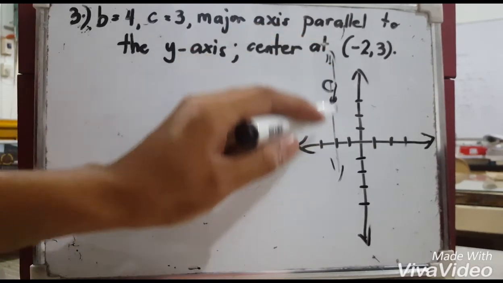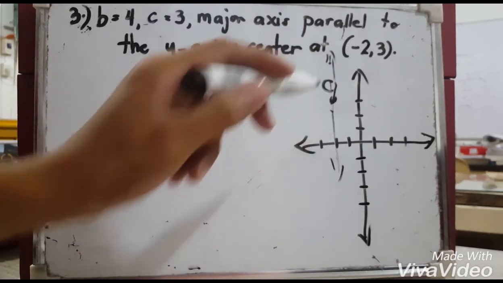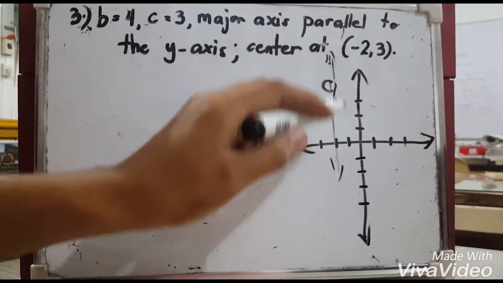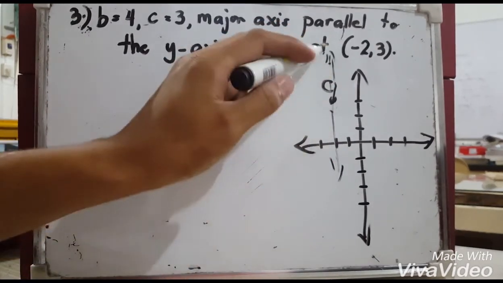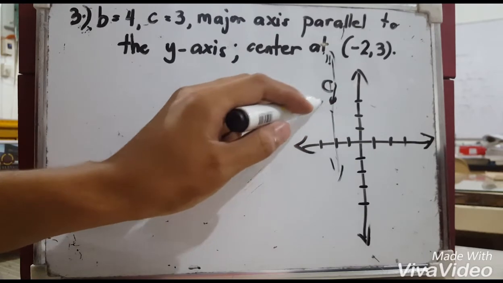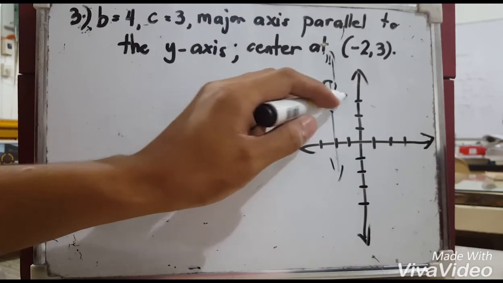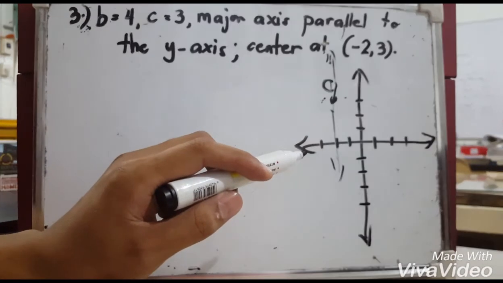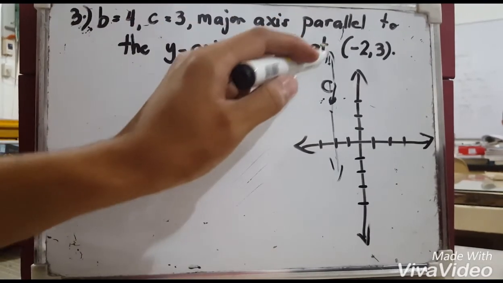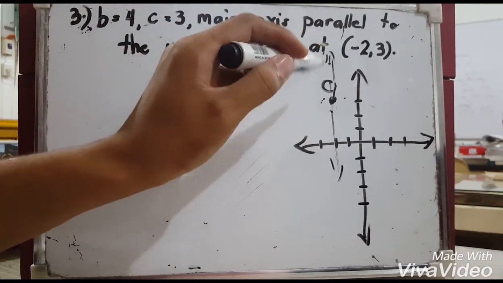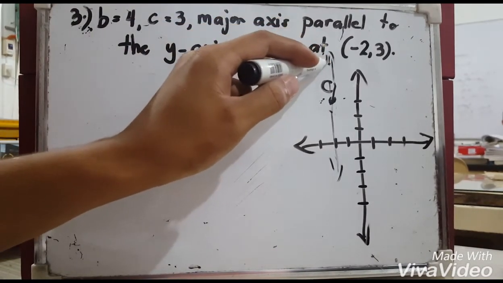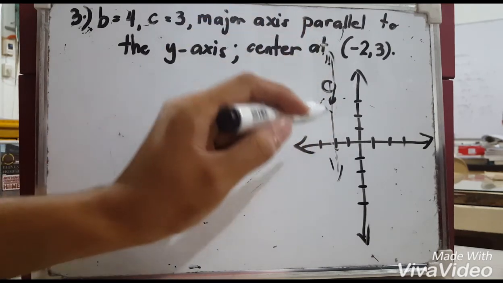Also, the vertices are located on this line. Therefore, clearly from here, we can simply conclude that the graph of the ellipse is vertical.